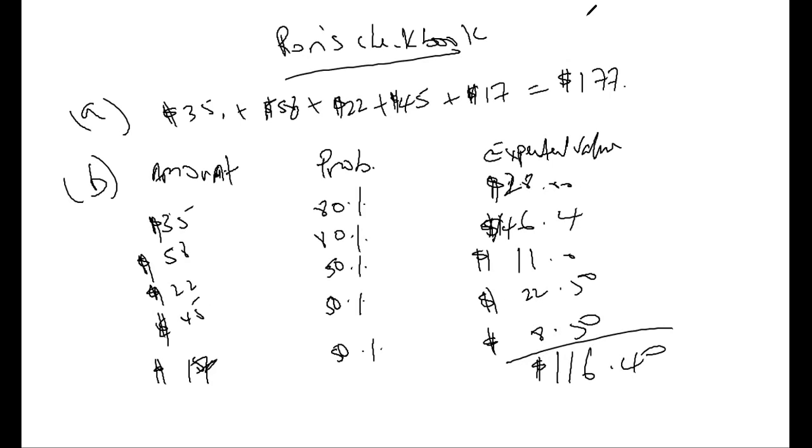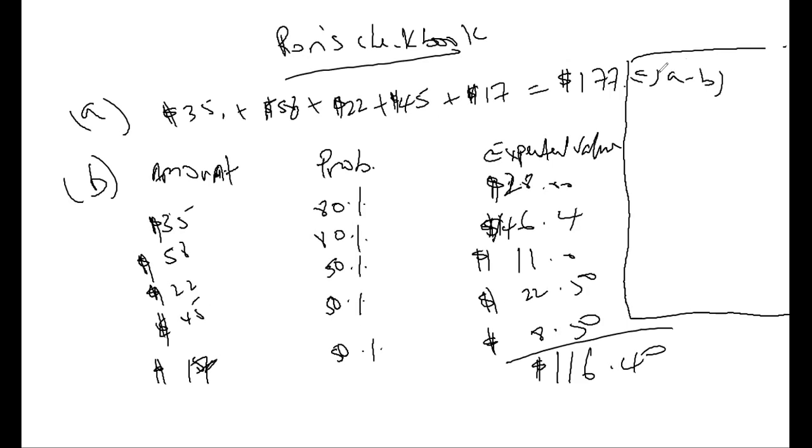So now we're asked to do C. Let's do C right here. C is saying that we should take B from A. Let's find the difference, and that will represent the float. So A minus B, which would be 177 minus 116.4, and that gives us 60.60, and this will represent the float.